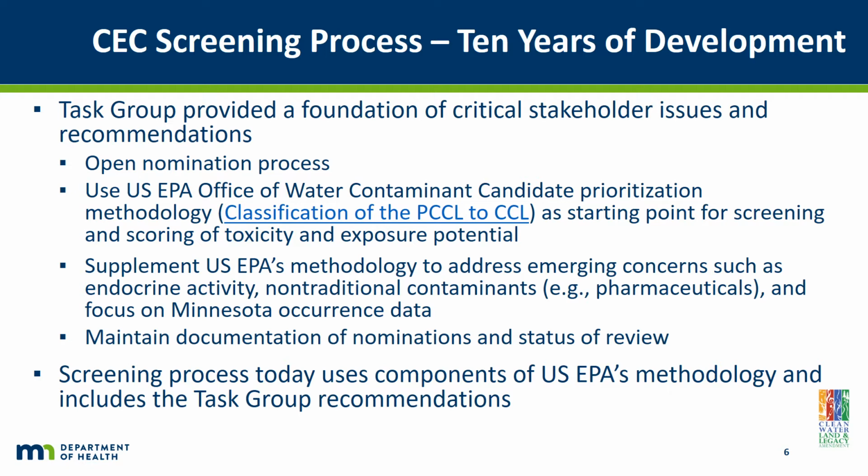Based on MDH's suggestion and endorsed by the task group, a process that is used by the United States Environmental Protection Agency, or EPA, Office of Water, for prioritizing potential drinking water contaminants for regulatory review was identified as a starting point.